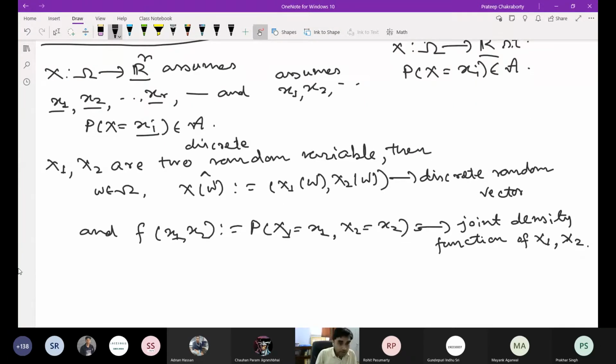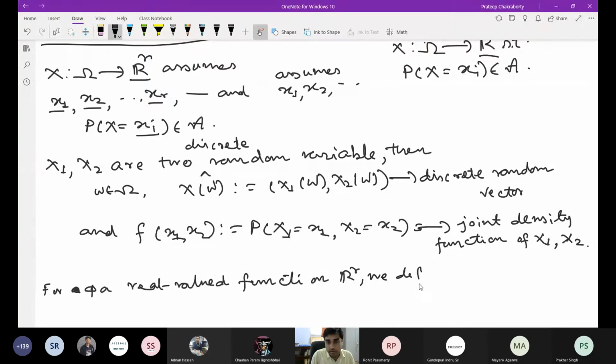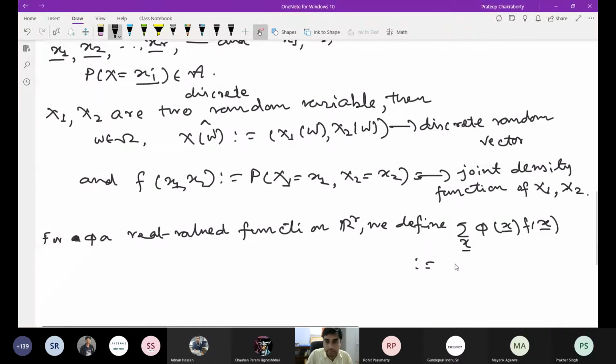And we define, for phi a real valued function on R power r, the summation of phi(x bar) f(x bar). By definition, this is our notation.